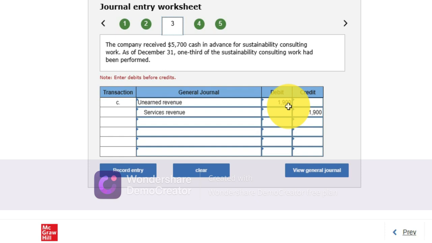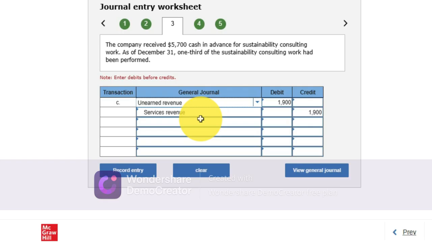That's why we have 1,900 here. On our general journal, we are going to find unearned revenue, and this is going to be on debit, 1,900, and service revenue is going to be 1,900 as well.